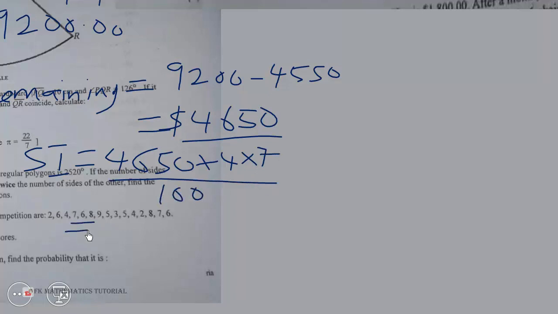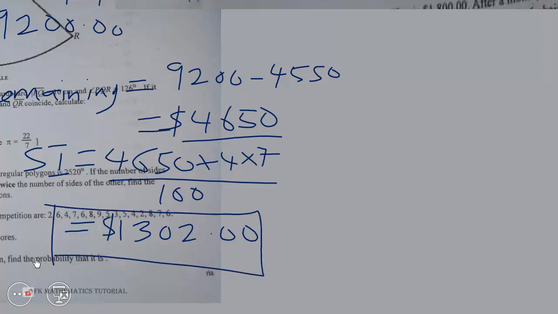So this will give you $1,302. So that is the interest the person earned in 4 years.